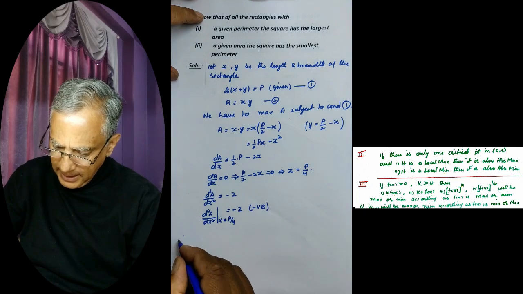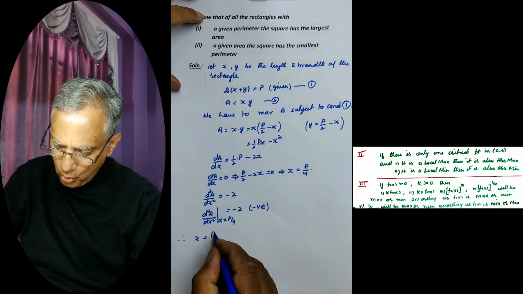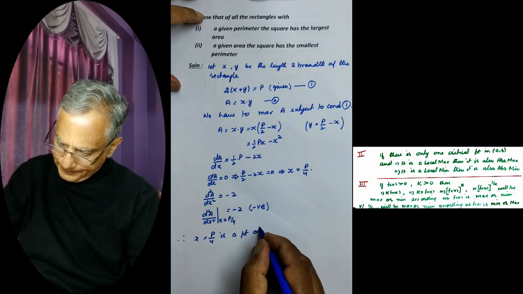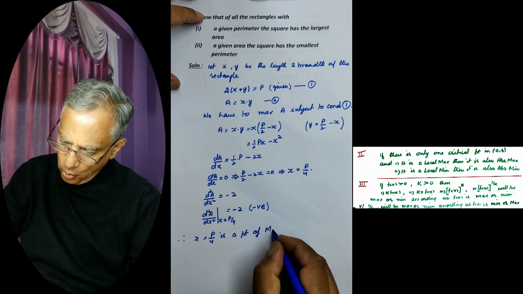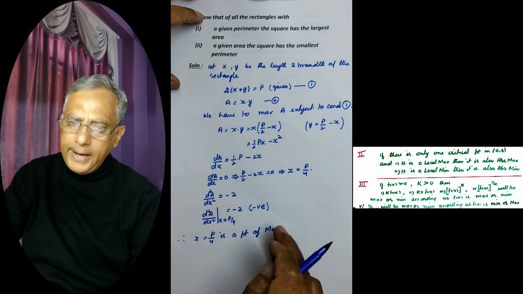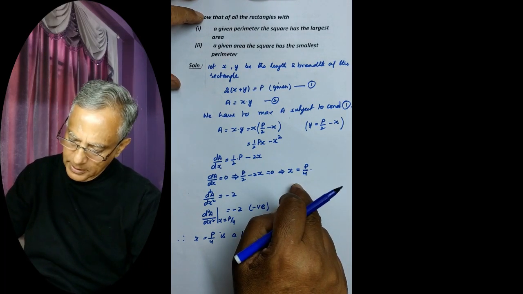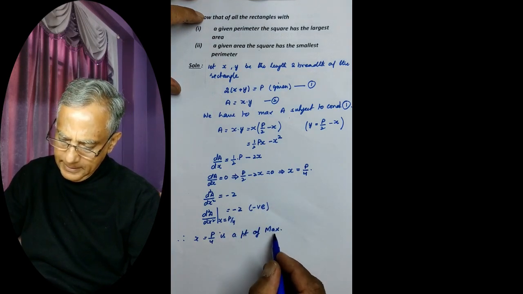Therefore, x equal to p by 4 is a point of local maximum, but we have a single point here, so it will also be a point of absolute maximum.